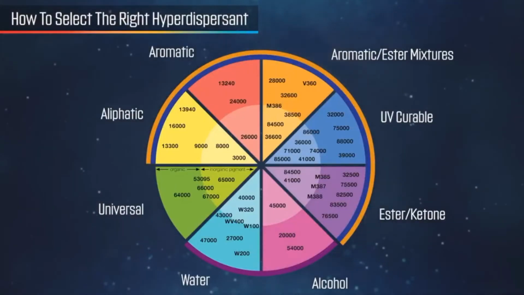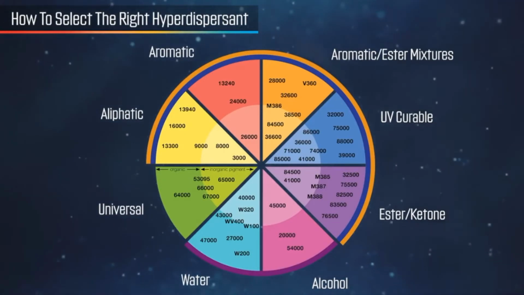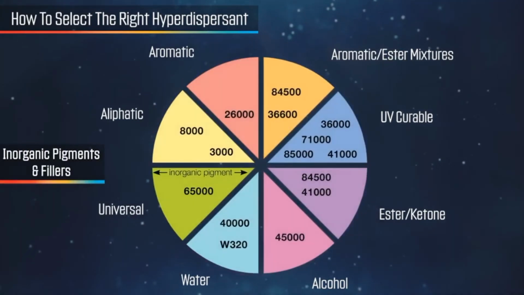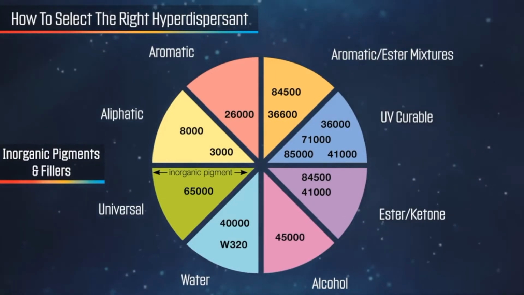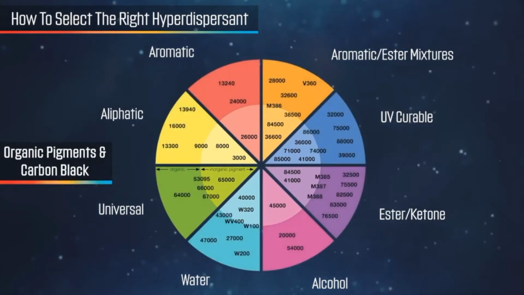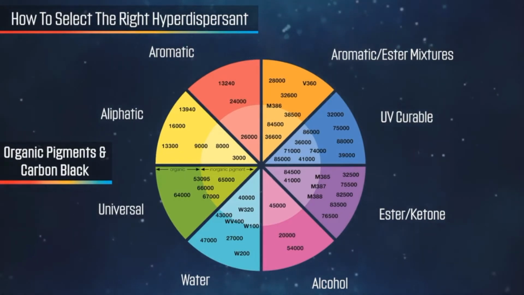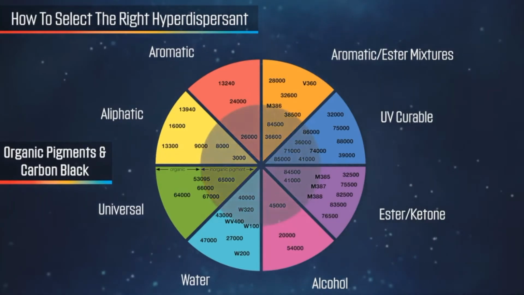The dispersant needs to anchor strongly onto the pigment or filler, and different pigments can have very different surface chemistry. Inorganic pigments and fillers disperse best with acidic or anionic anchor groups. Organic pigments and carbon black disperse best with basic or cationic anchor groups. This is represented by the outer part of the wheel.